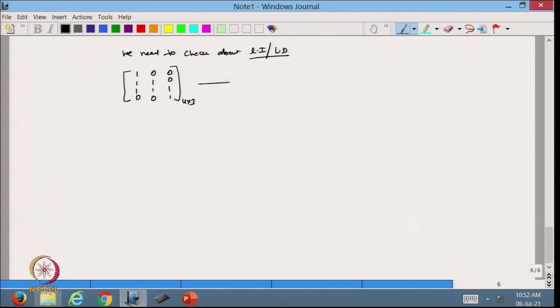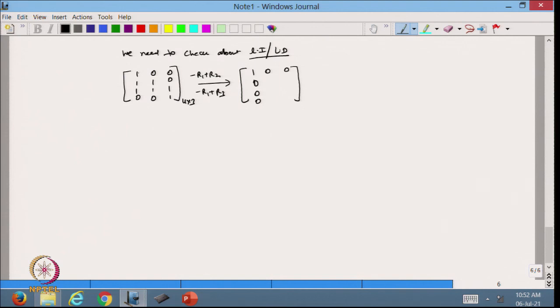Now, I can convert this matrix into row echelon form by making these elements 0. So, I can write minus R1 plus R2 and minus R1 plus R3.